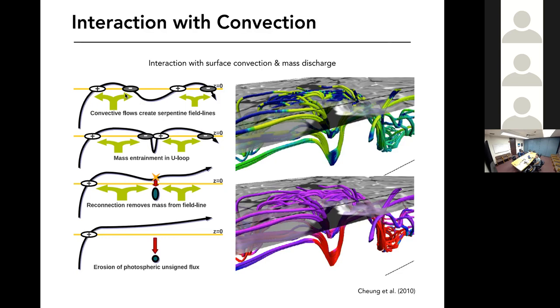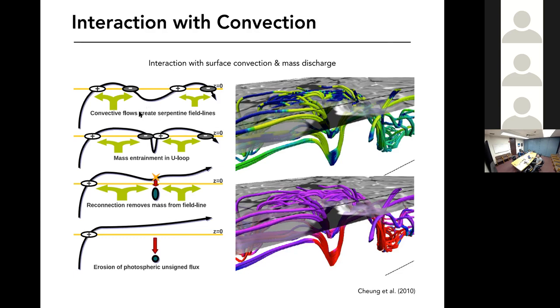If you look at the magnetogram, you will see positive and negative moving apart from each other, and then other positive and negative moving apart, connected by these undulating or serpentine field lines. You will see salt and pepper patches moving away from each other. It's very fragmented.